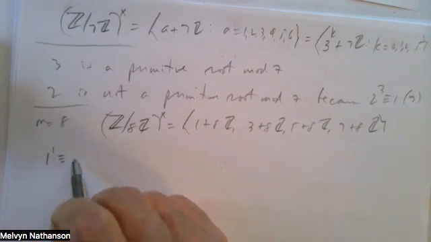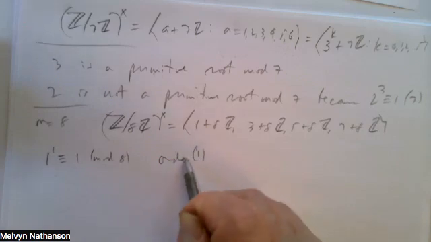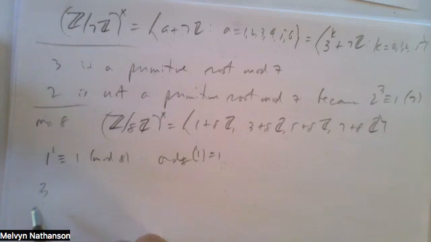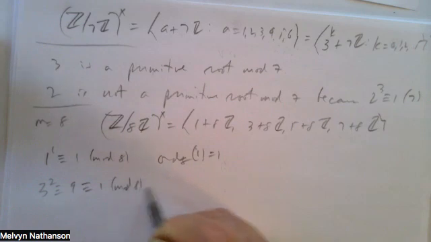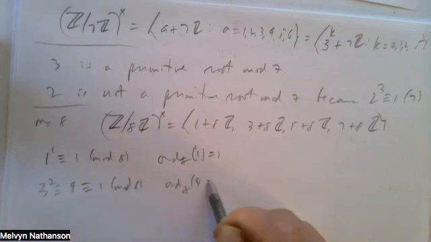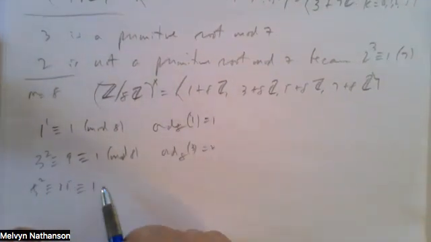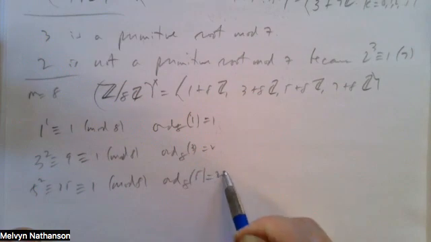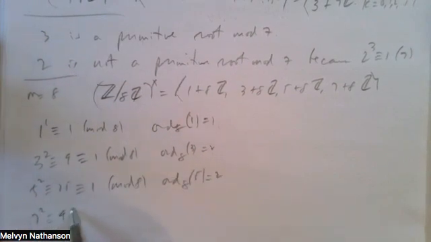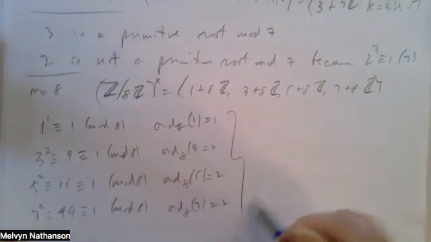Well, 1 to the first power is 1 mod 8, so the order of 1 mod 8 is 1. 3 squared is 9, congruent to 1 mod 8, so the order of 3 mod 8 is 2. 5 squared is 25, congruent to 1 mod 8, so the order of 5 mod 8 is 2. And 7 squared is 49, congruent to 1 mod 8, so the order of 7 mod 8 is 2.